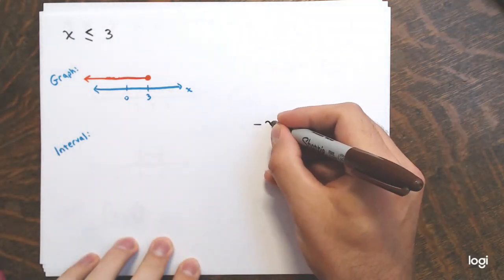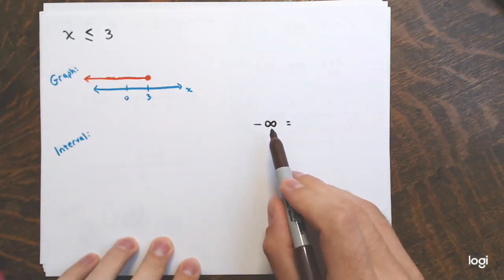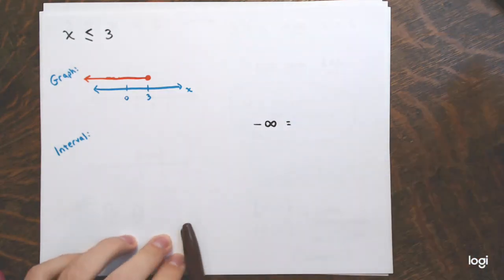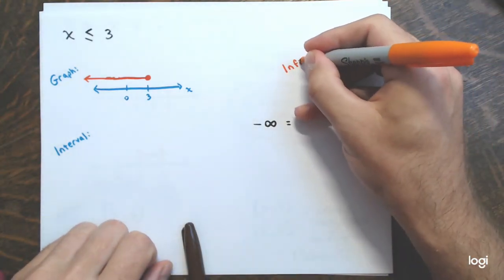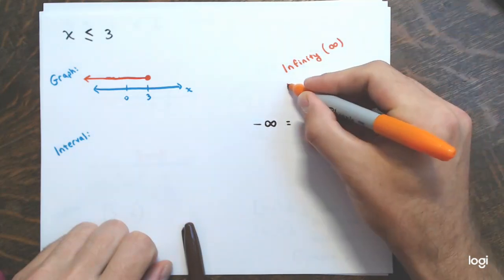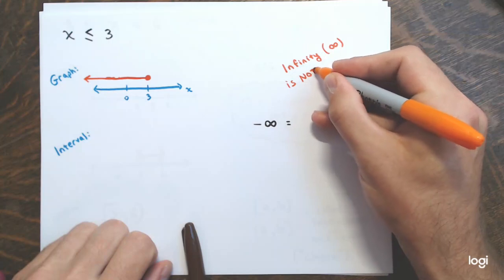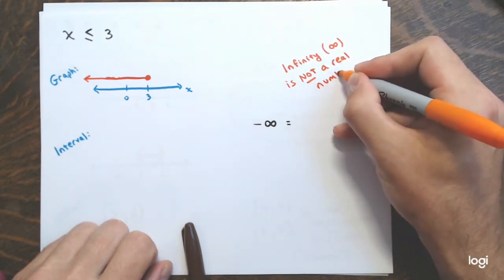When you write negative infinity, this is not a number. I'm going to make that note. The infinity symbol there is not a real number. It's an idea, it's a concept.